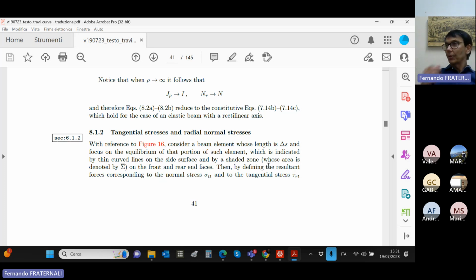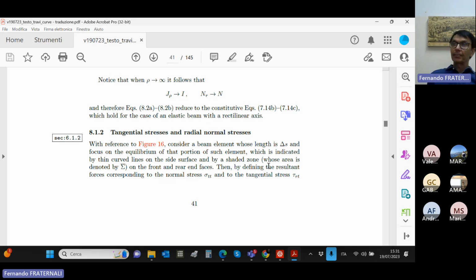This is not strange, because, as Professor Cazzani noticed in the introductory lecture, since we are assuming a constraint theory for the beam, which constrains the cross section to remain rigid, some part of the stress cannot be derived by the constitutive equation.